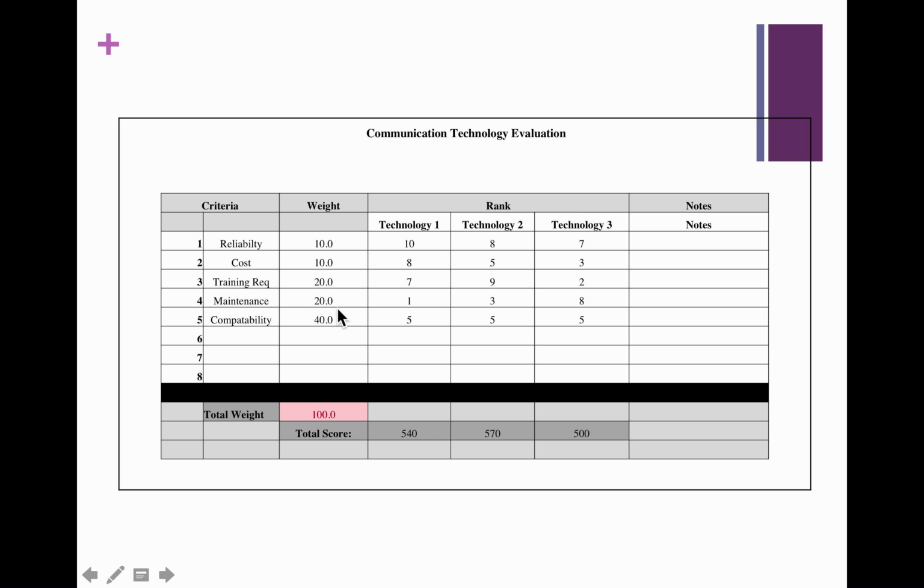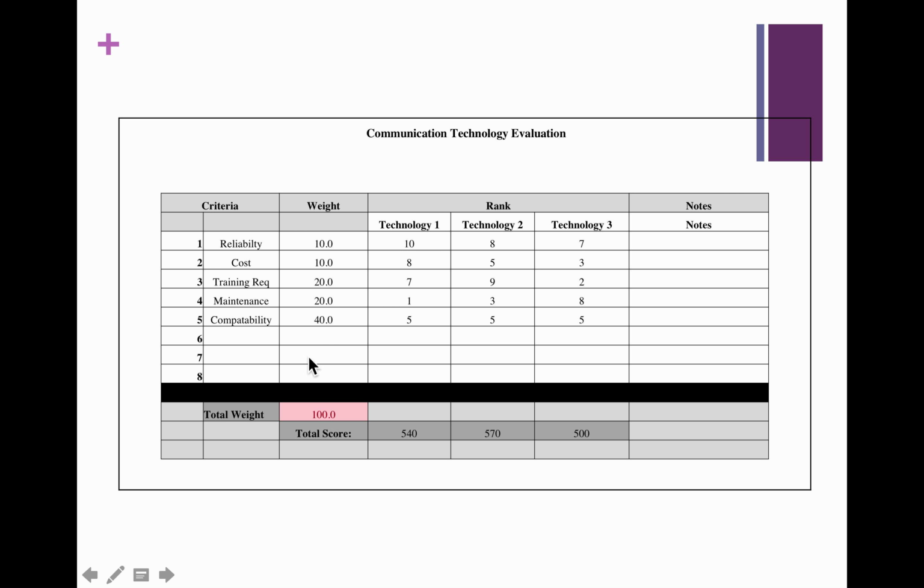The point of this process is you weight your criteria, and what that means is you define how important that criteria is. So in this example, compatibility is most important, and reliability and cost are least important, and that's reflective of the weight they've been given.